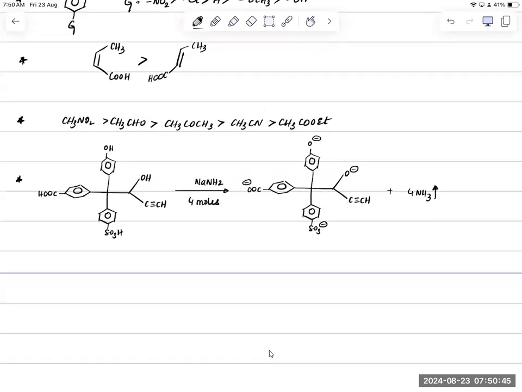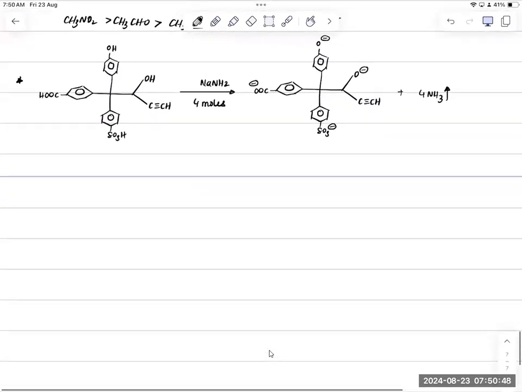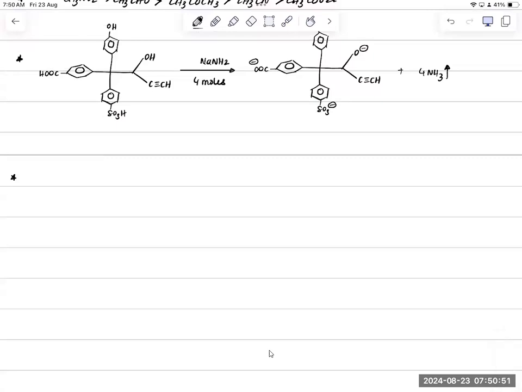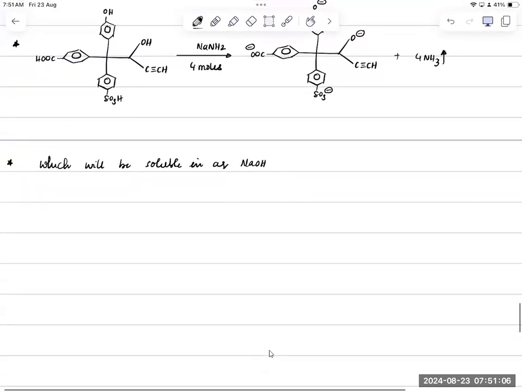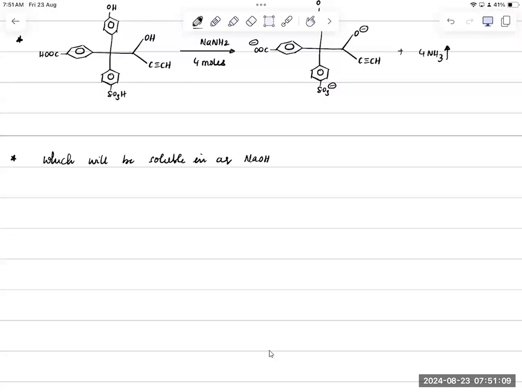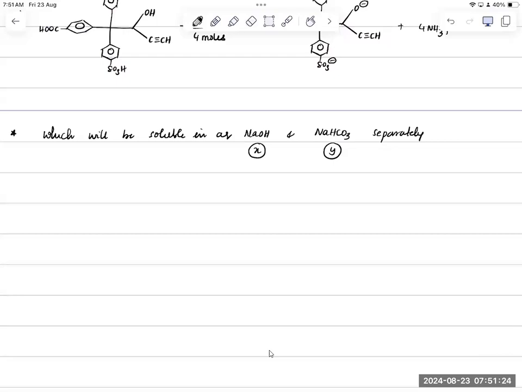Then, next. Another very standard type of question that will be asked is which of these are soluble in aqueous NaOH and NaHCO3 separately. So the number of compounds soluble in NaOH is X, and the number soluble in NaHCO3 is Y. What is the answer?